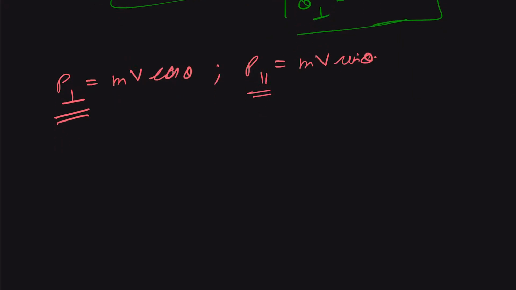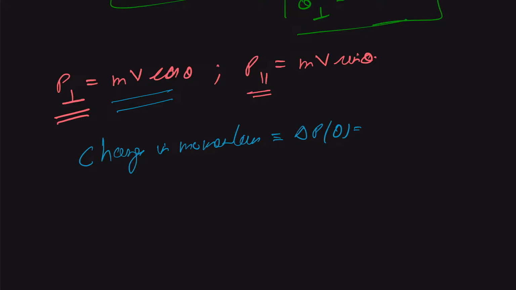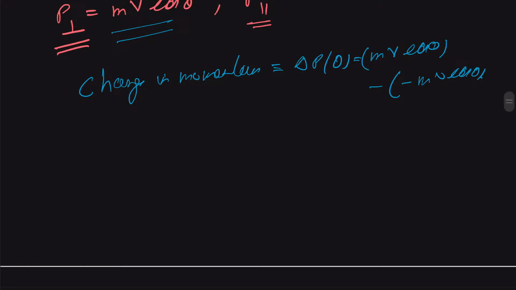Therefore, the change in momentum, let us suppose delta p of theta, will be only because of the perpendicular. So we can write mv cos of theta minus of minus mv cos of theta. Therefore, delta p of theta will be equal to twice mv cos of theta. So we are able to find the change in the momentum.